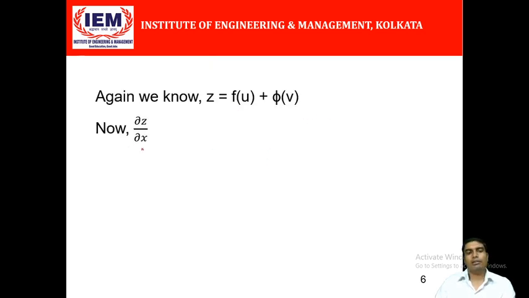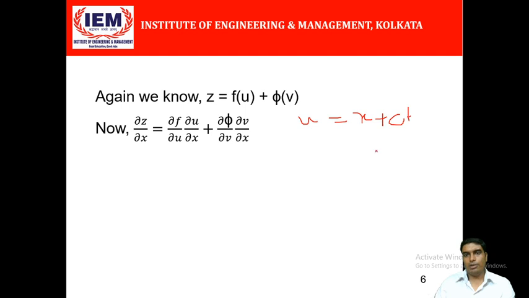Now again here we'll find out what ∂z/∂x is. That is, by using the chain rule I can differentiate in this way, and here you know that u equals x plus ct and v equals x minus ct, right?